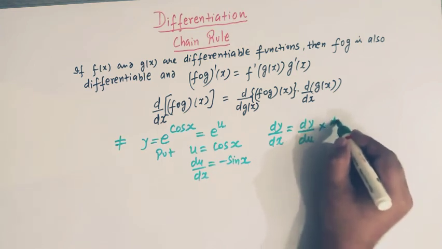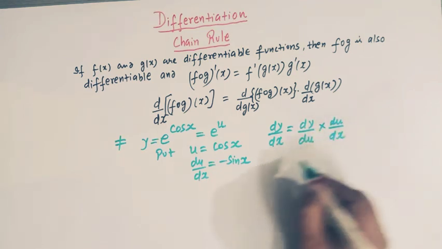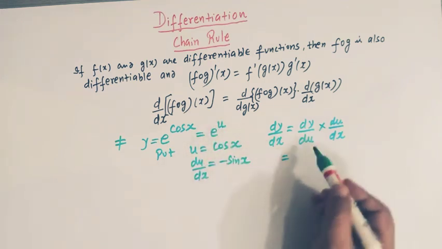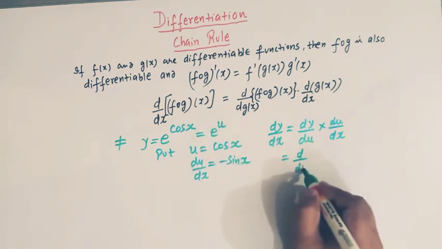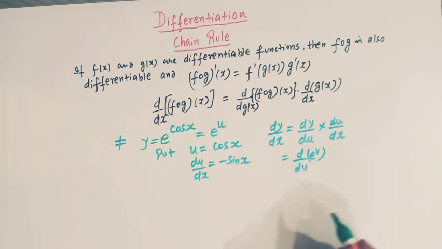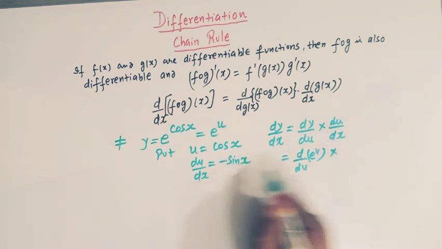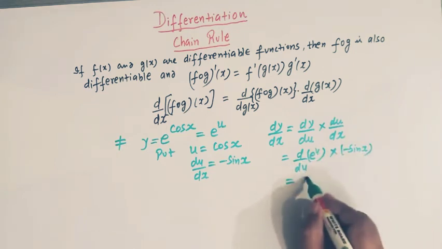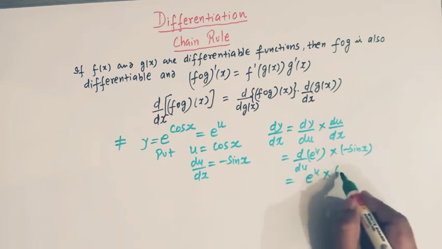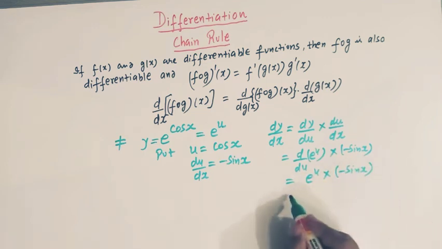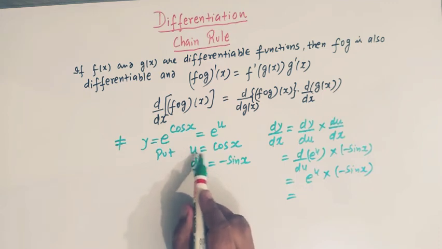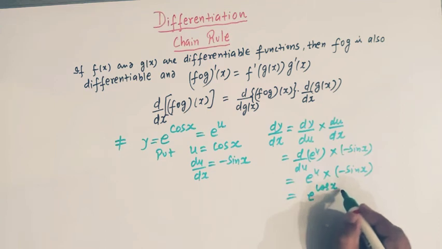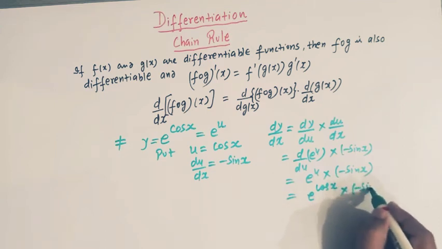Now dy/du is the derivative of e^u with respect to u, and du/dx is minus sin x, so we have e^u times minus sin x, and let us resubstitute the value of u as cos x, so we have e^(cos x) multiplied by minus sin x.